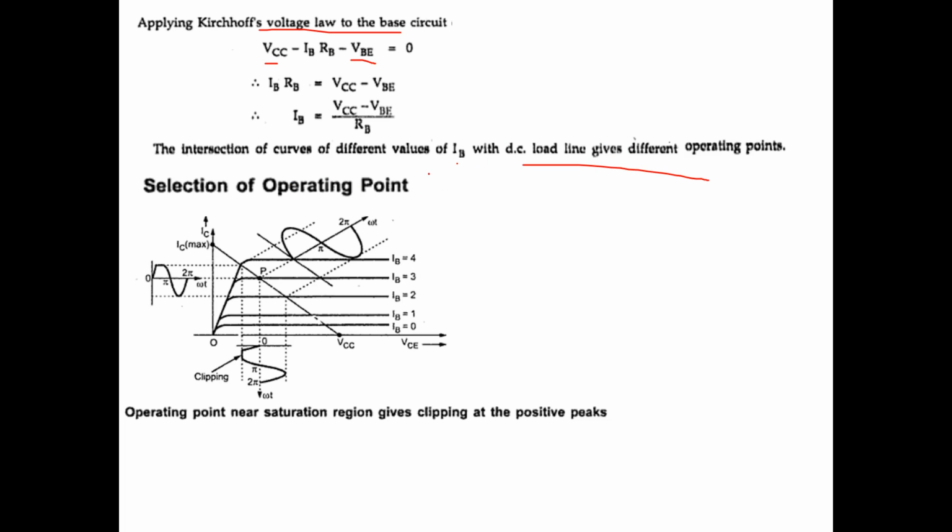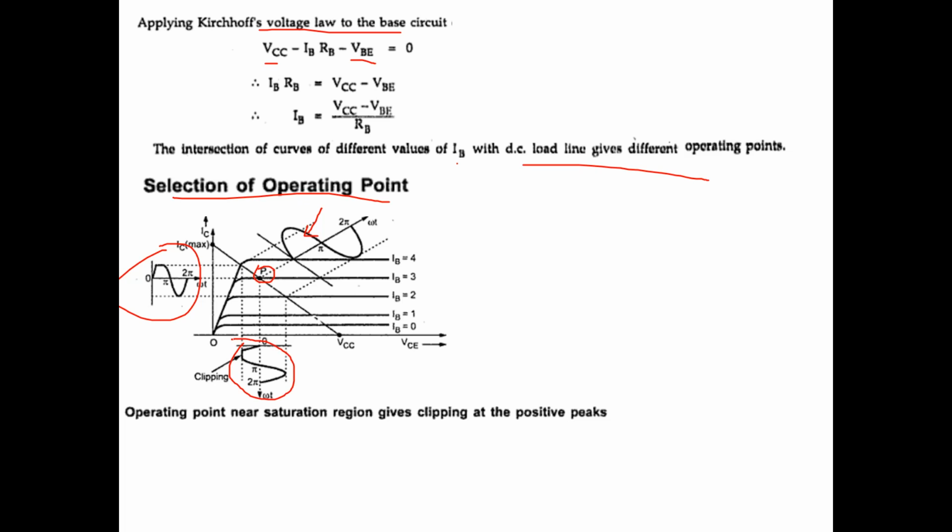Now let us consider the selection of the operating point. When you select the operating point P, what happens? This is the IB current, this is the collector current, and this is the collector to emitter voltage.